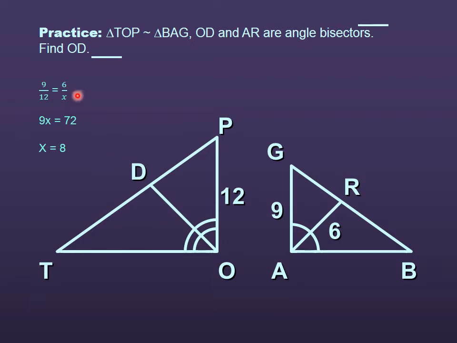Instead of 9 over 12 equals 6 over x, you could have said 12 over 9 equals x over 6. It doesn't matter as long as, whatever number you start with, your next ratio starts with the number corresponding to it. When we cross multiply, 9 times x is 9x, and 12 times 6 is 72. We divide both sides by 9 to solve for x, and we get x equals 8.